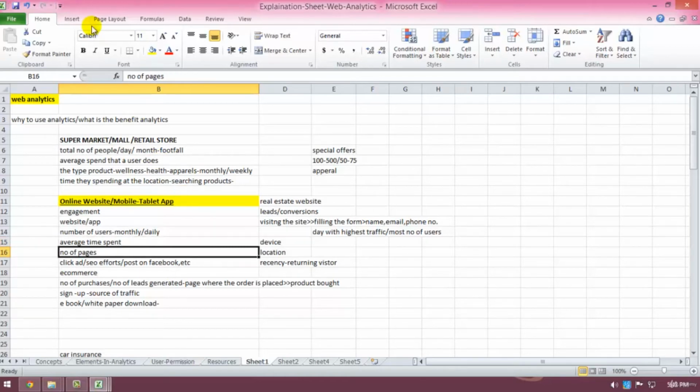Also, I would like to know the average number of pages they are visiting in a particular time frame, whether they are browsing 10 pages or 7 pages, etc. There's a technical term for the same which we'll cover at a later stage during our module of Web Analytics. So this is one more data point.